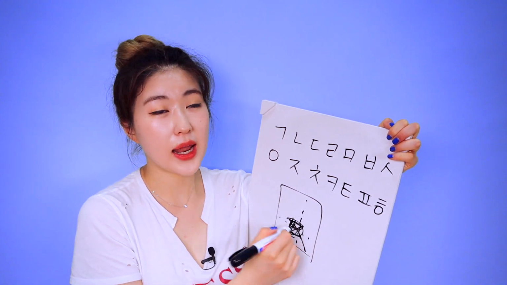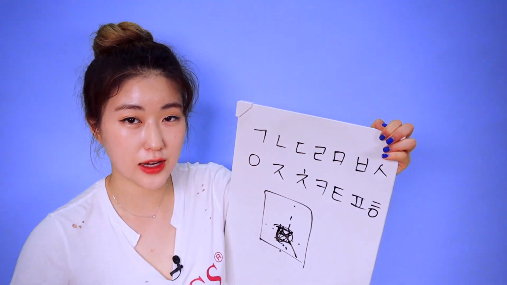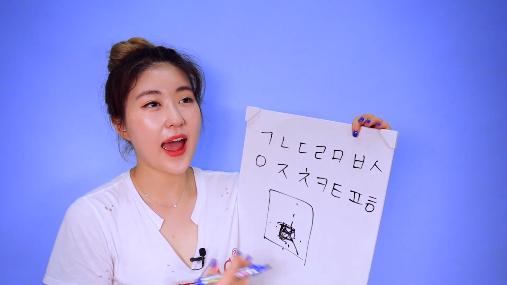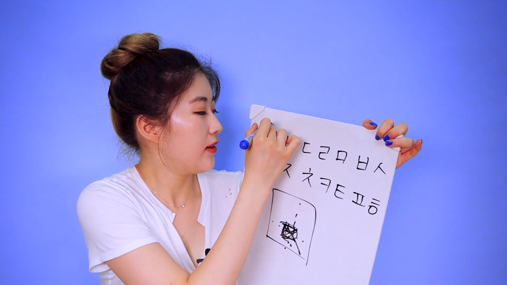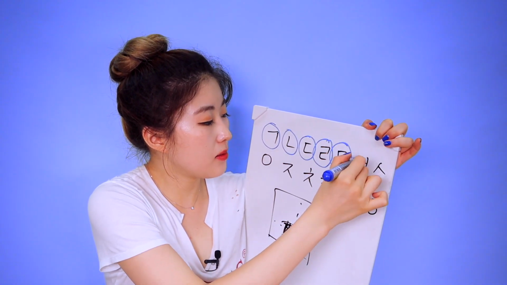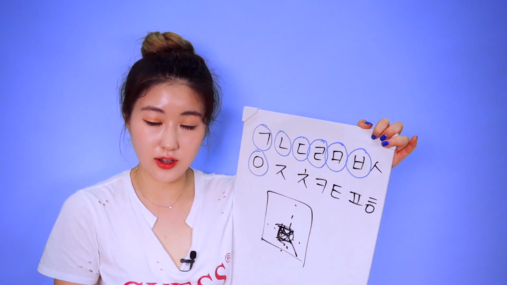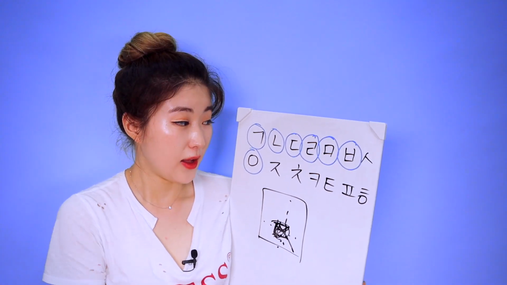But when they are pronounced, there are only 7 pronunciations. There are only 7 받침s that can be pronounced as their own pronunciation. And they are 기역, 니은, 디귿, 리을, 미음, 비읍, and 이응. These 7 consonants are only pronounced as their own sound value.